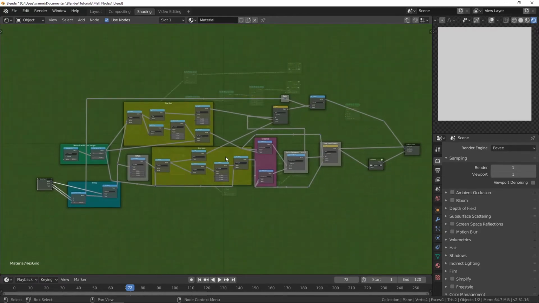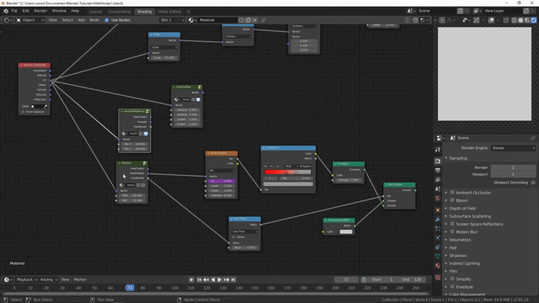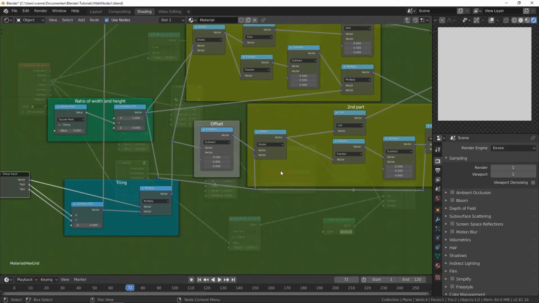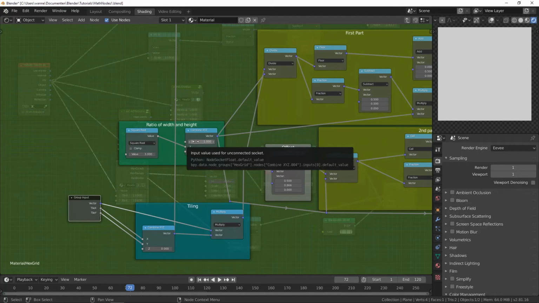As you can see, there's a lot fewer nodes compared to this one, but it does exactly the same thing and it's exactly the same math, except that now we're using vector math. So here we have a ratio of width and height. Again, this is the square root of 3. If our hexagon has a width of 1, then its height is going to be the square root of 3.